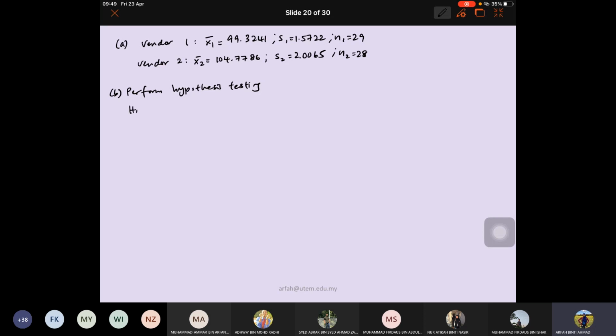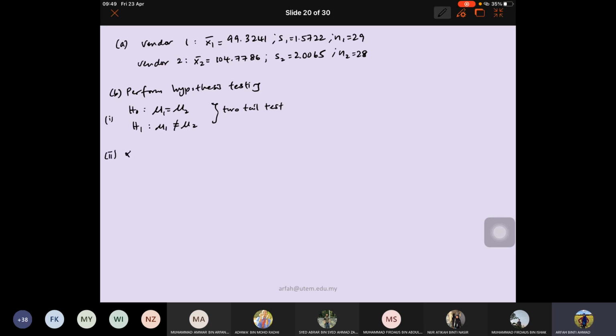Okay. So H0 and H1: it says whether there is a difference or not. Meaning that H0: mu1 equals mu2 versus H1: mu1 does not equal mu2. So this one will become a two-tail test. Okay.